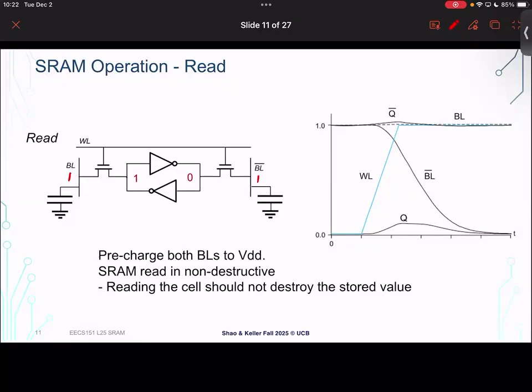But again, in order to pack all these cells into these tiny SRAMs, only 6 transistors each, we need to cut some corners. Okay, so we're going to do the read operation by setting both bit lines high. And then we're going to turn on the word line.